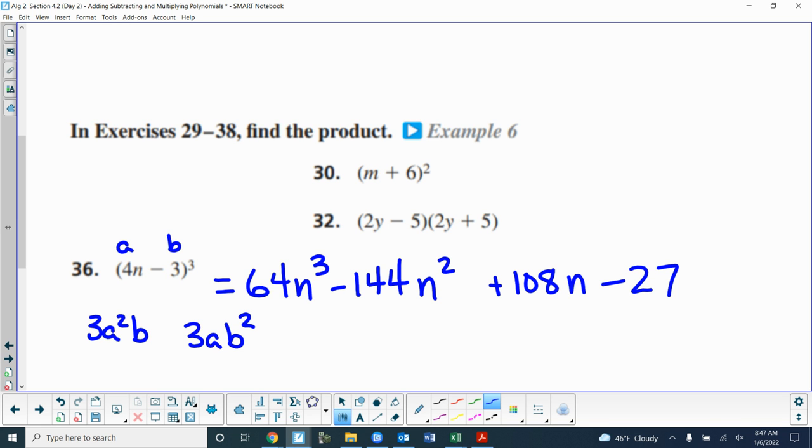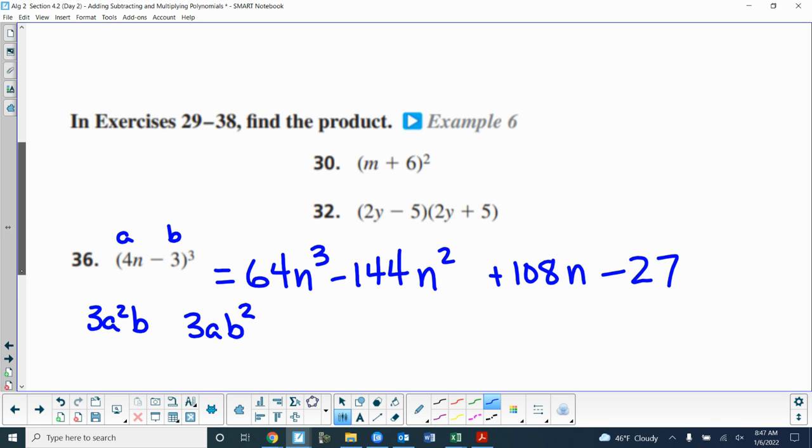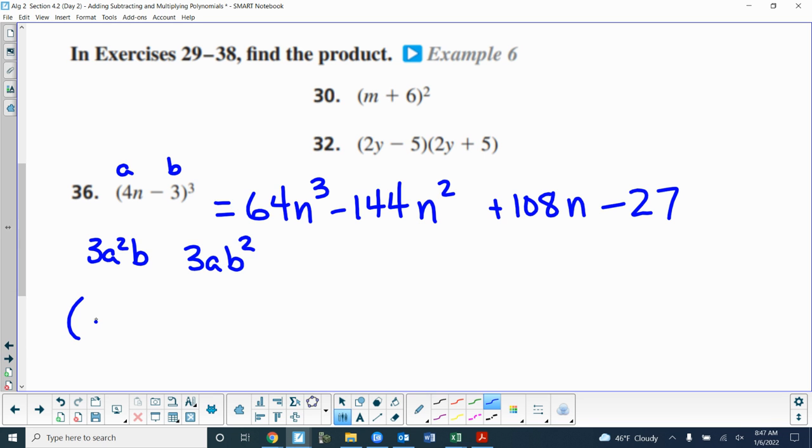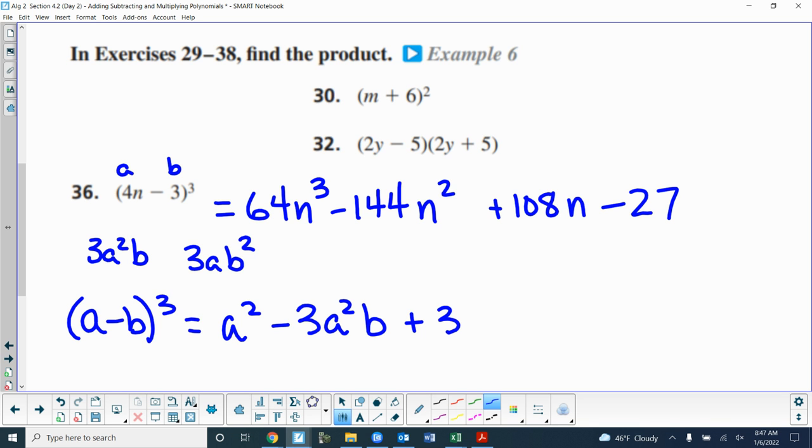So again, the way they showed it to us was like this. They said a minus b cubed was a cubed, and then minus 3a squared b, and then I think it's plus, usually, yeah, plus 3ab squared, and then minus b cubed, I think is what the rule was, if I remember right.